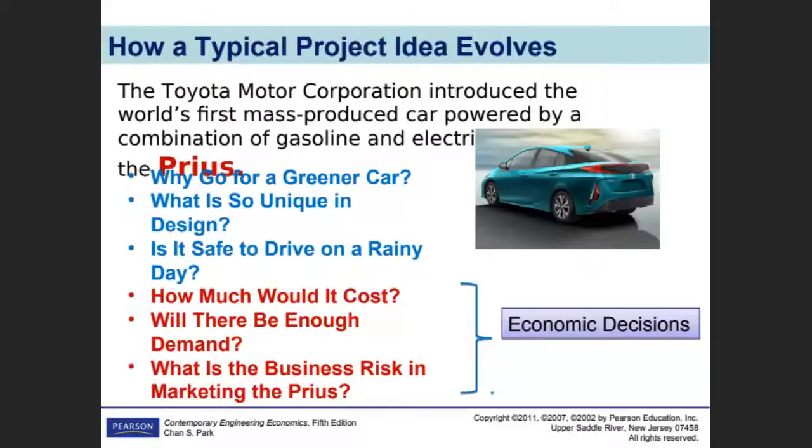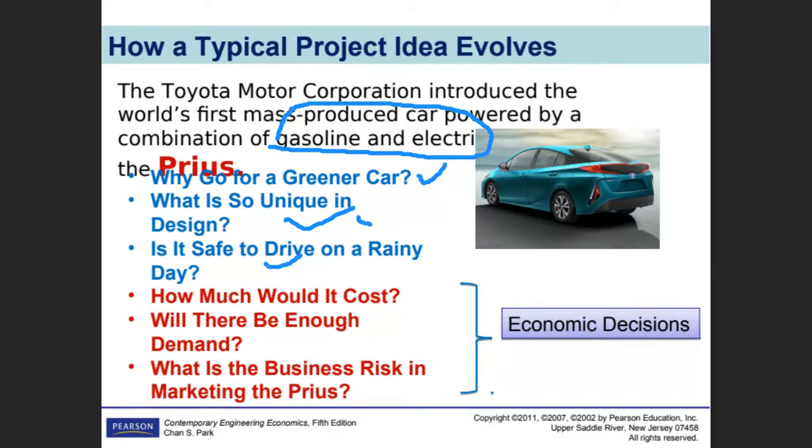Now, how does a typical idea flow? This is just one example for one project in our book. Let's say how Toyota started. It is an example of how, for a hybrid car, this project was developed, what were the questions answered by engineers, like why there is a need for a greener car, what was unique in its design, is it safe to drive in the rainy season when there is no sun.